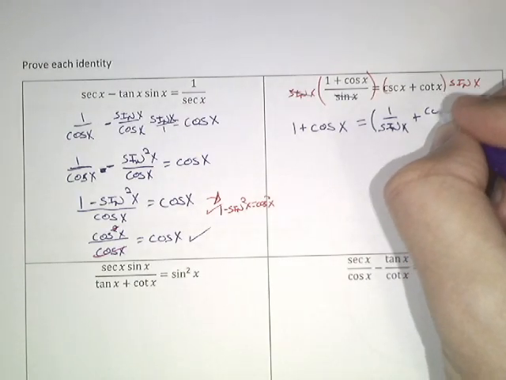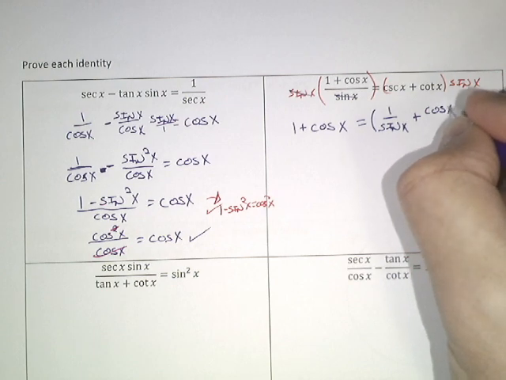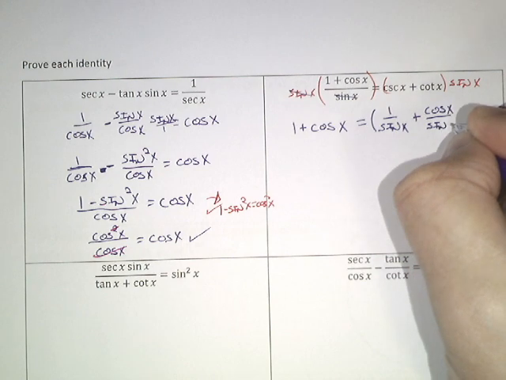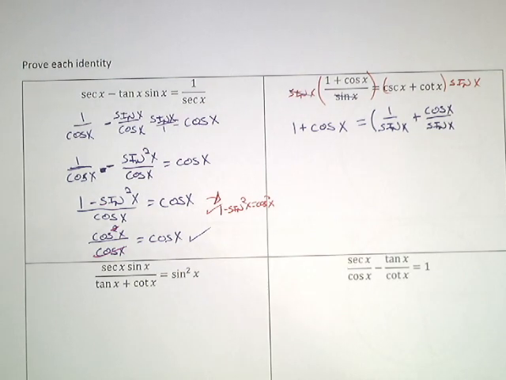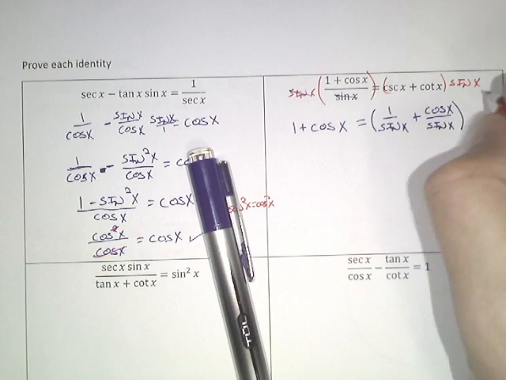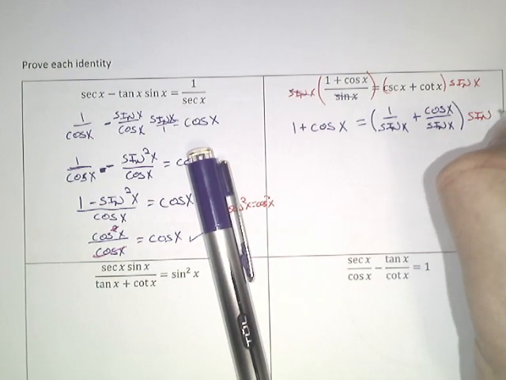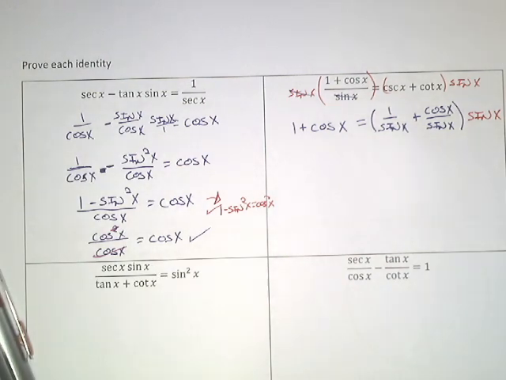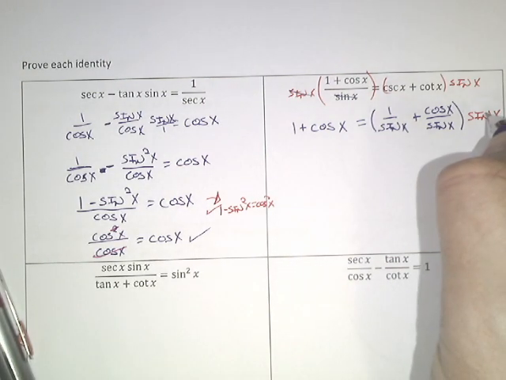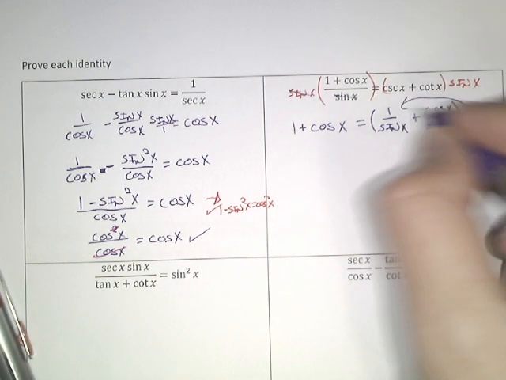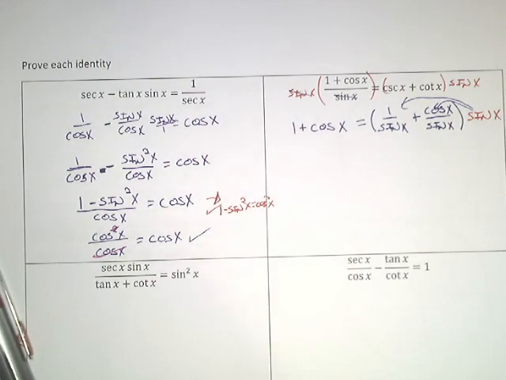Cotangent is cosine x over sine x. And this is sine x over here. We're bringing that down from the top. So now I would distribute sine x into here. We're going to distribute sine x into both these spots.